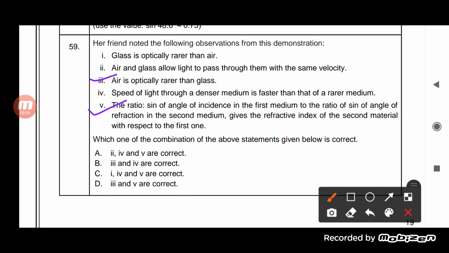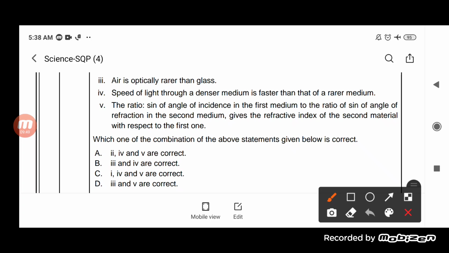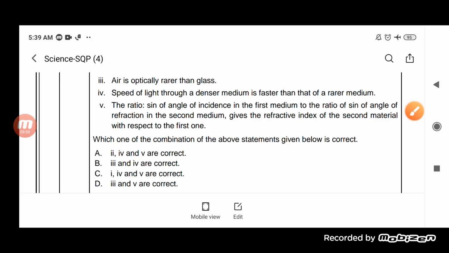So which one of the combinations of the above statements is correct? Not the second one, it will be D. Third and fifth is the correct combination.